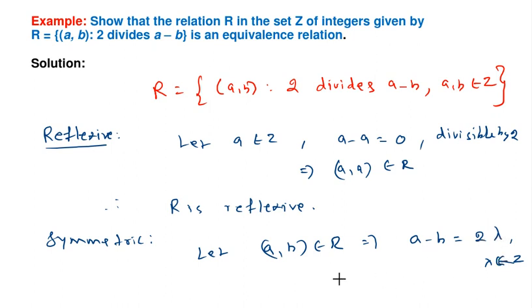Then A minus B equals 2 lambda implies B minus A equals minus 2 lambda. Minus 2 lambda is also divisible by 2, so B comma A also belongs to R. For every A comma B belonging to R, B comma A also belongs to R. Therefore the relation R is symmetric. The symmetric relation is proved. There is one more property to be examined, that is the transitive case.